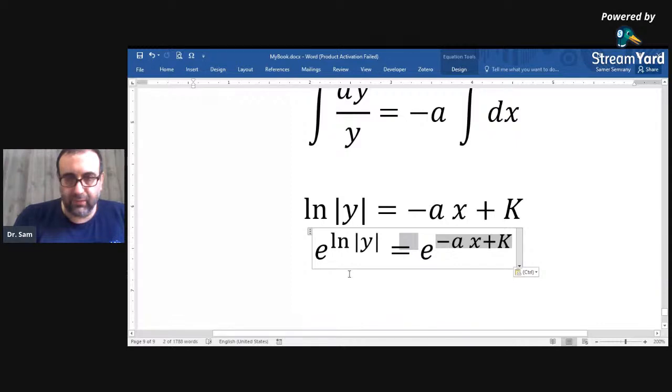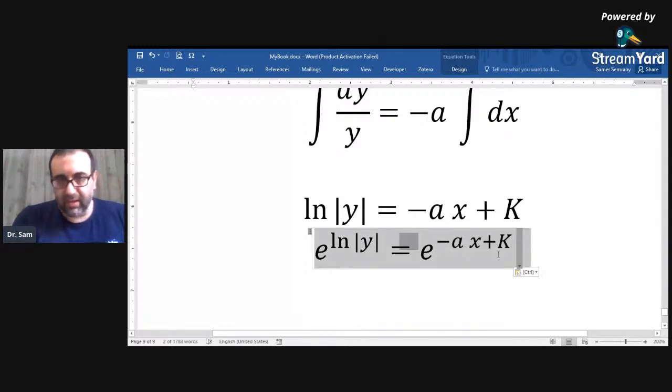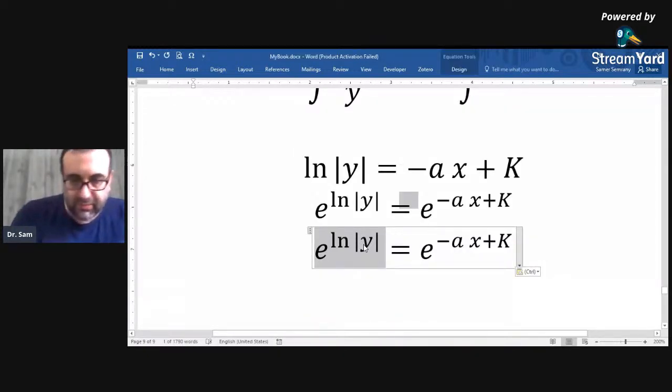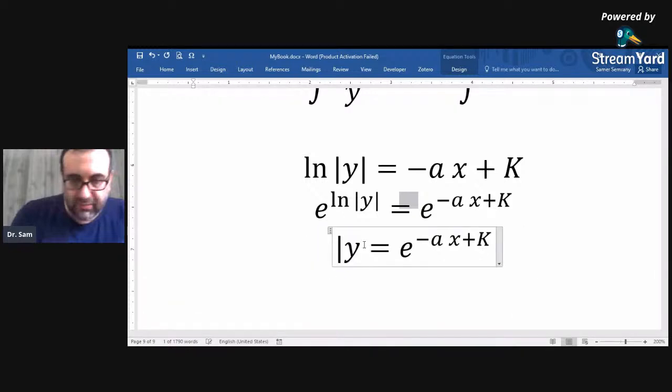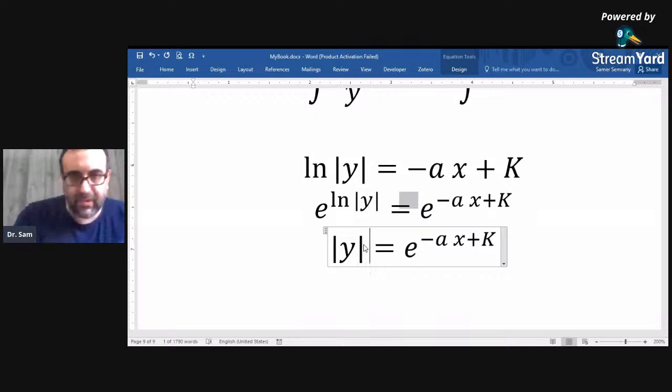And so I finally have something like this. So I have here absolute value of y equals this one.